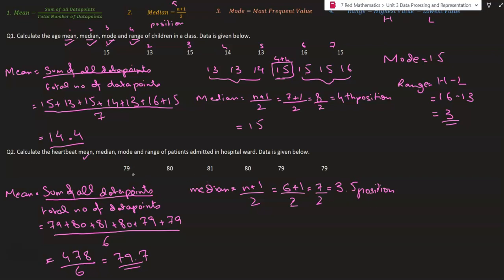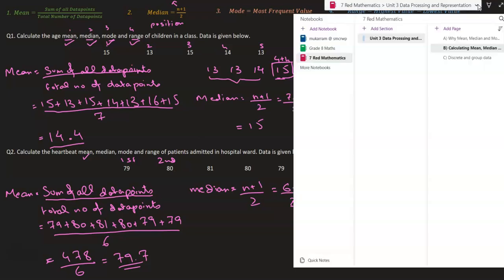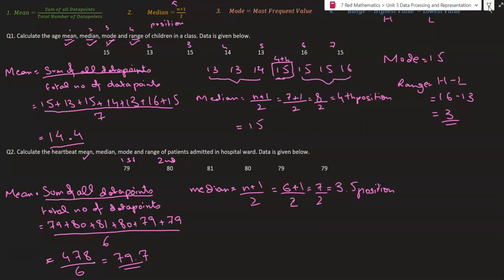But even before that, what we have to do is basically rearrange. So we have to rearrange it for the median. The lowest value is 79, and then another 79, and then another 79, and then we have 80, and then we have an 80 again, and then we have 81.